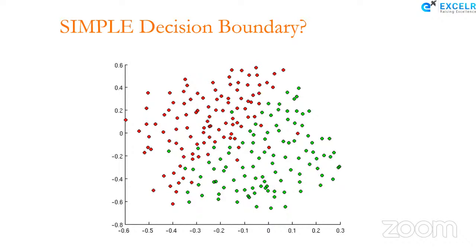Basically, there should be minimal classification error, or minimal non-homogeneous data points falling in the same region. So how can we achieve that? If I draw a line like this, I'll be able to achieve sufficiently homogeneous regions. Do you agree with me? Can I draw a simple decision boundary like this to separate the two classes?